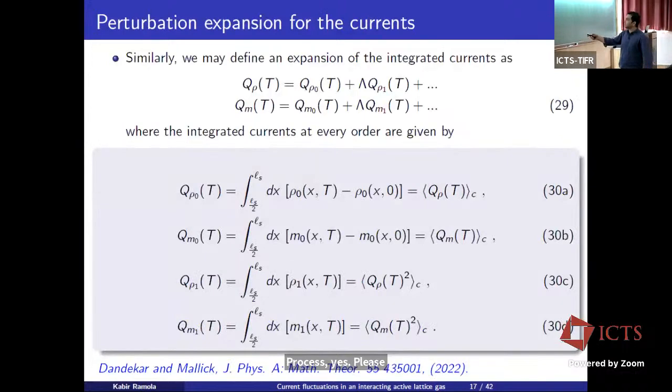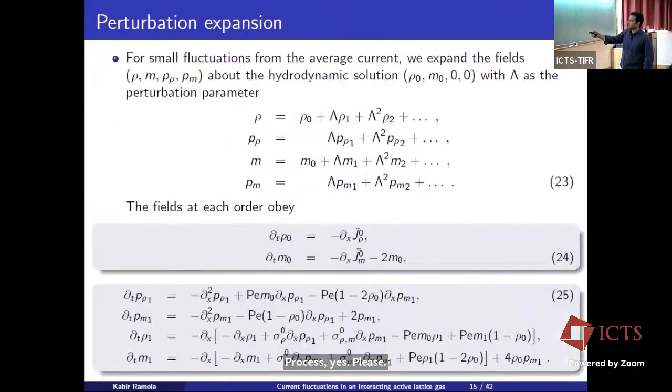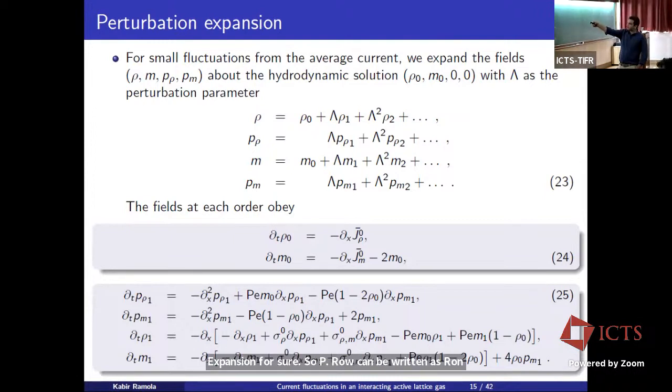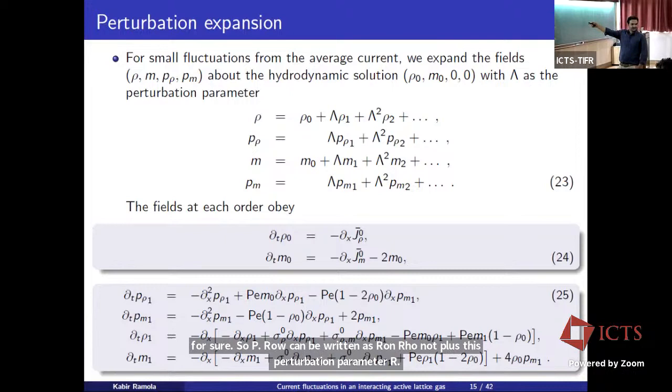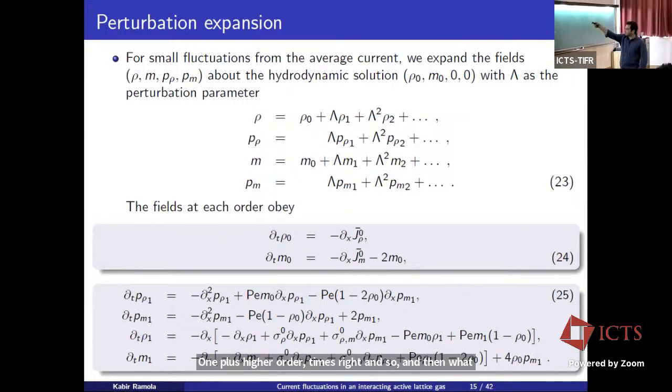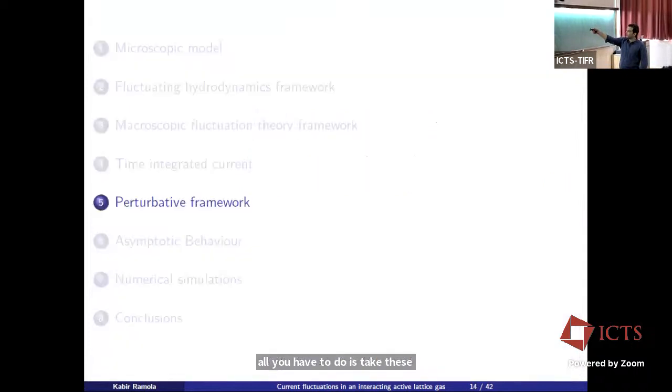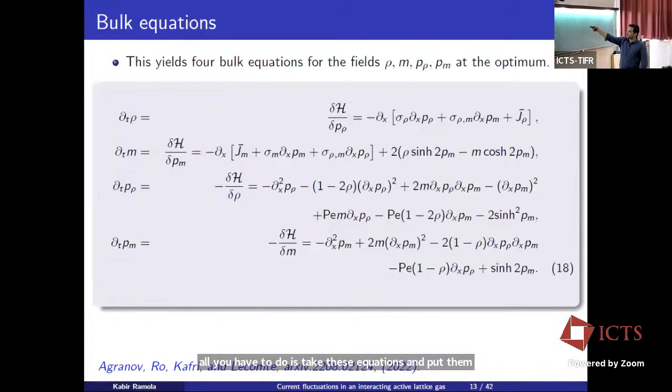Yeah, so this is the 1st order, 2nd order, and so on expansions. So P and rho can be written as rho naught plus this perturbation parameter times rho 1 plus higher order terms. And then all you have to do is take these expansions and put them back into these very daunting looking bulk equations, which are the coupled Euler-Lagrange equations for this action.